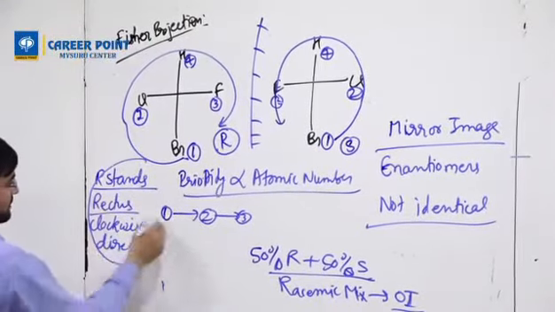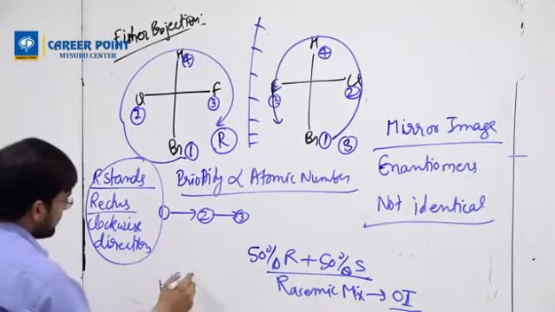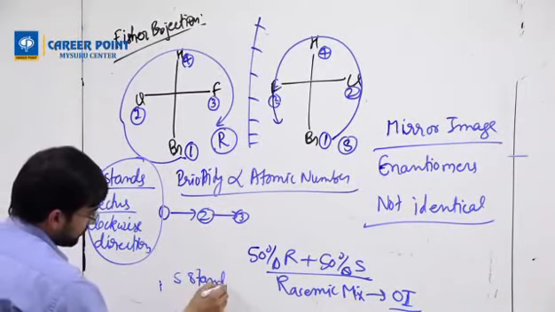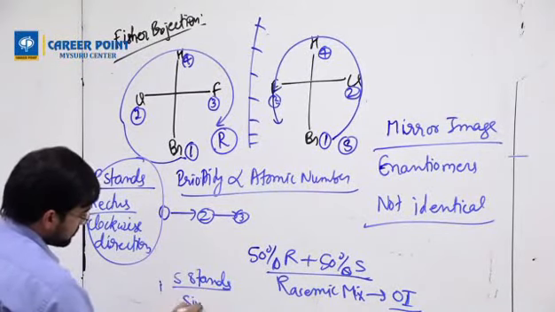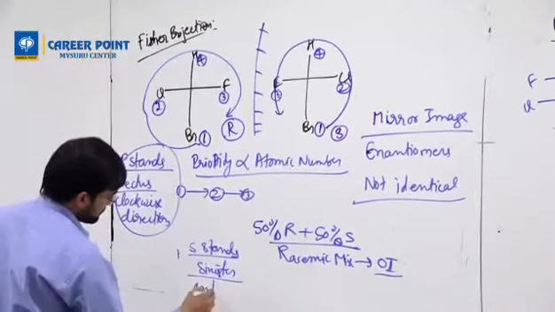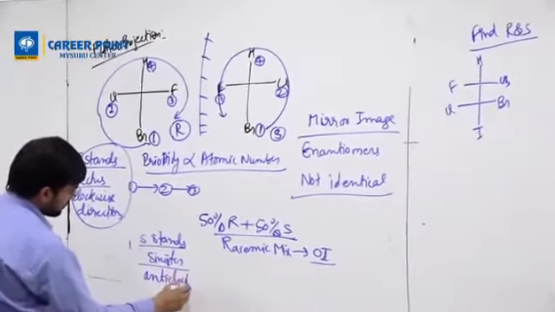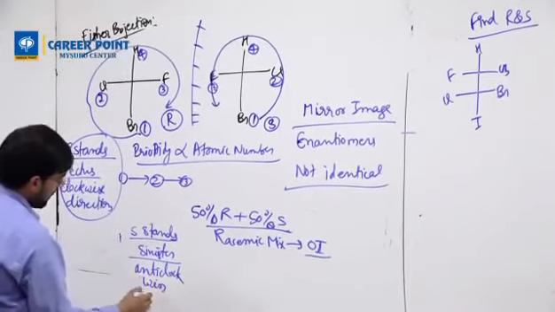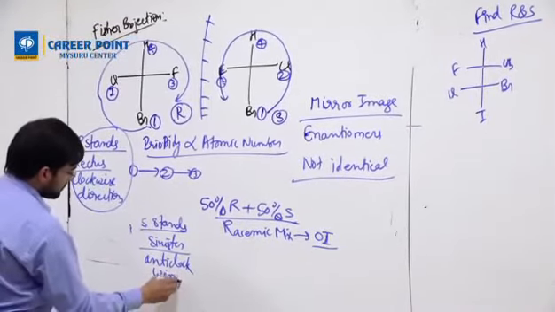This is R. What is S? S stands for sinister, which means anti-clockwise direction.